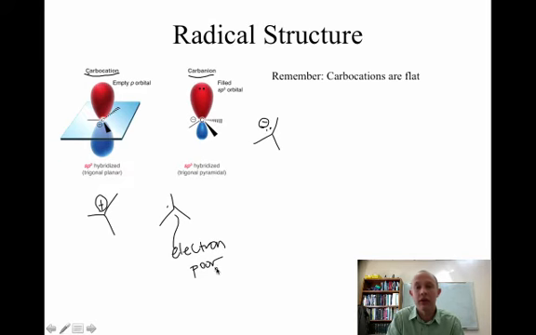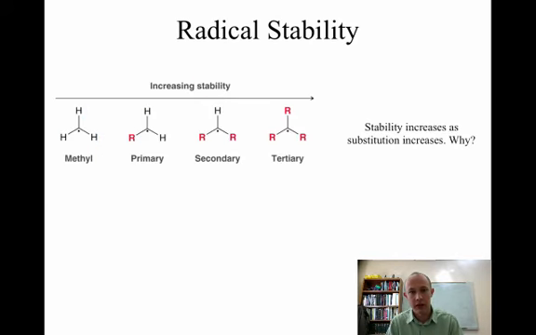It wants an additional electron to complete that octet. This carbon is also electron poor. So I think it's helpful when you're thinking about reactions of radicals to compare those reactions to those of carbocations.